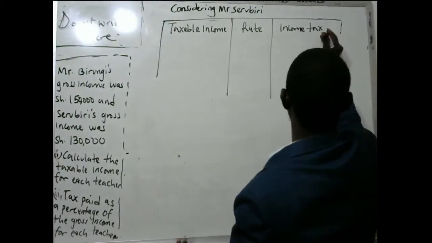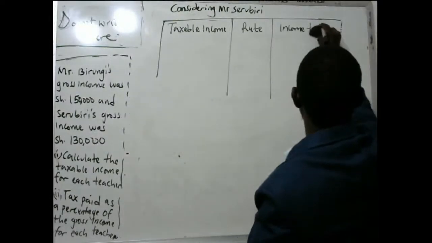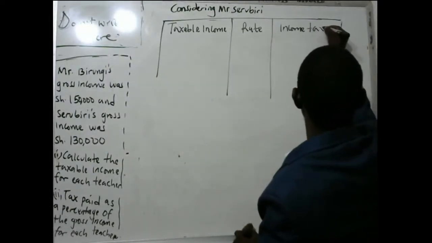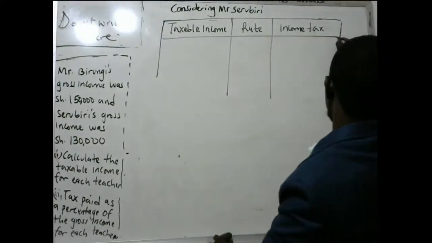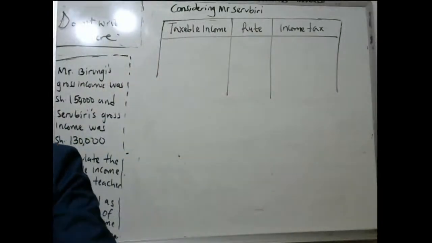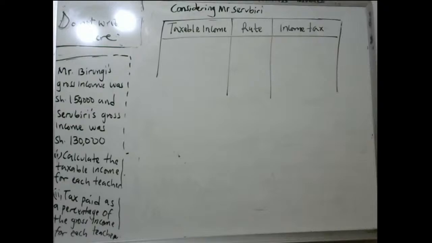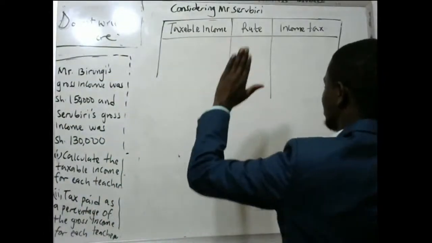I always tell you that these words may seem to be the same, taxable income and income tax, but they are different. Taxable income is the money that can be subjected to taxation.